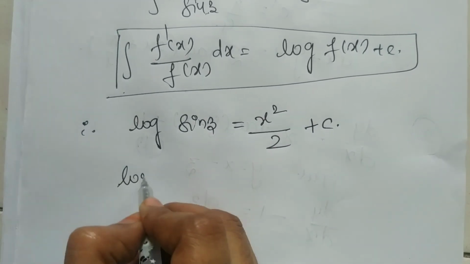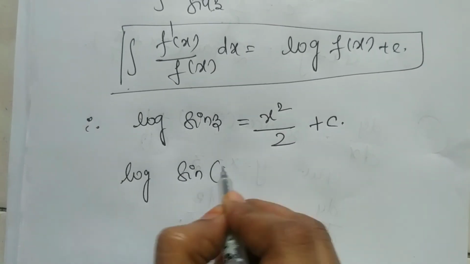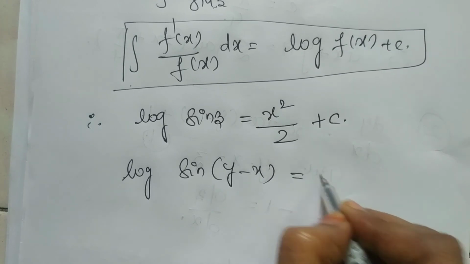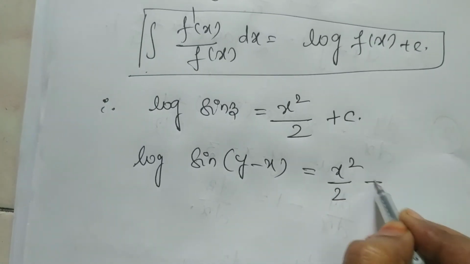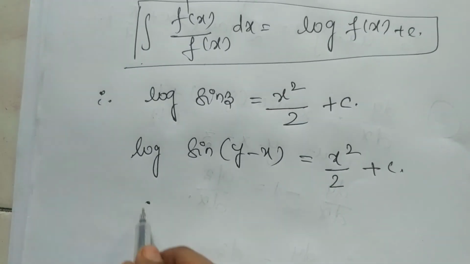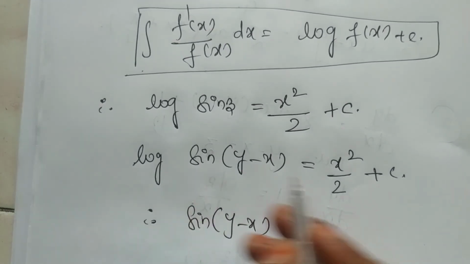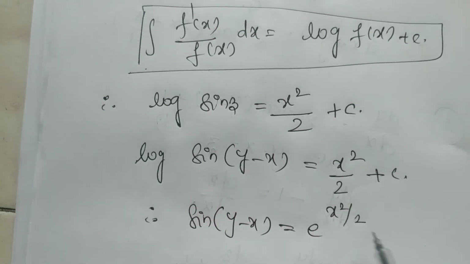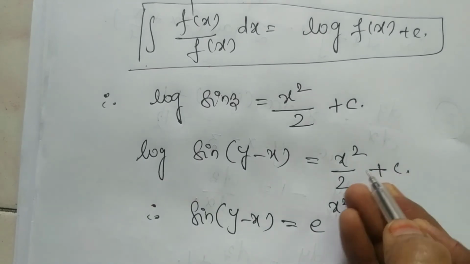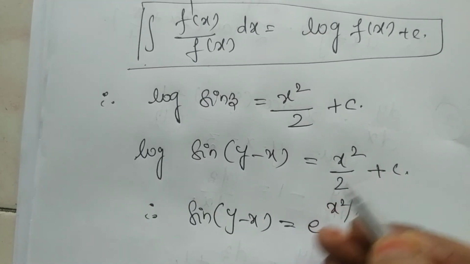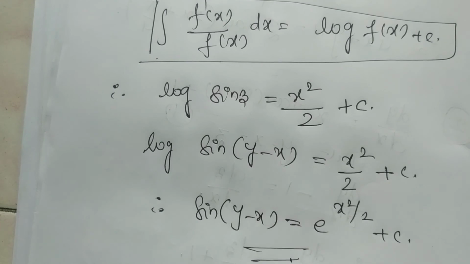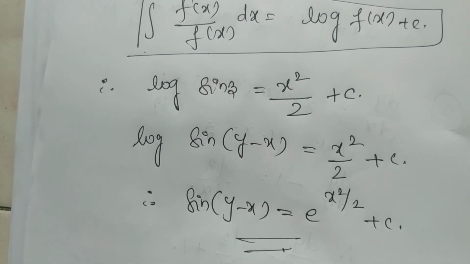So that is log of sin z, where z is y minus x, equal to x square by 2 plus c. So therefore sin (y minus x) equal to e power (x square by 2 plus c). So log will become e power base. So this is the solution of the substitution method.